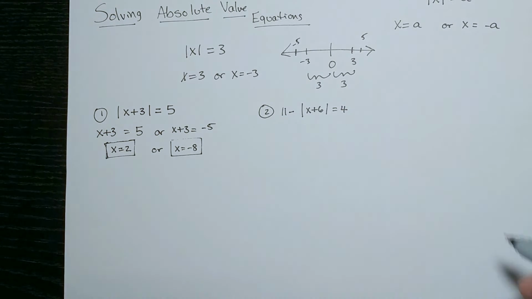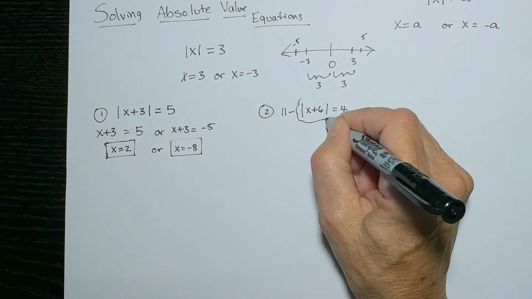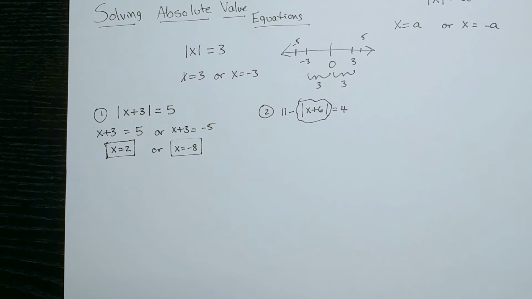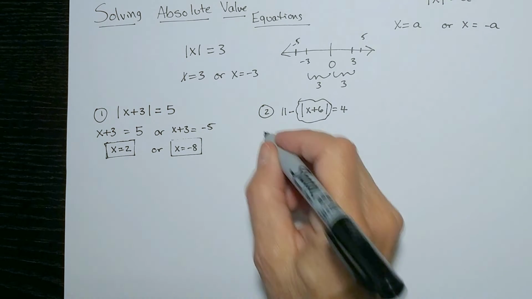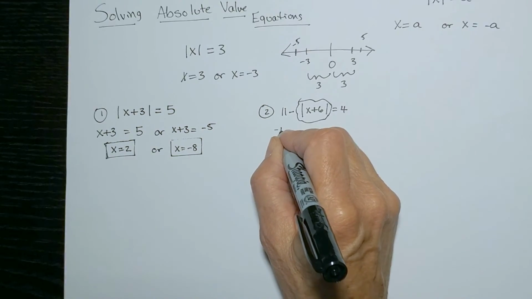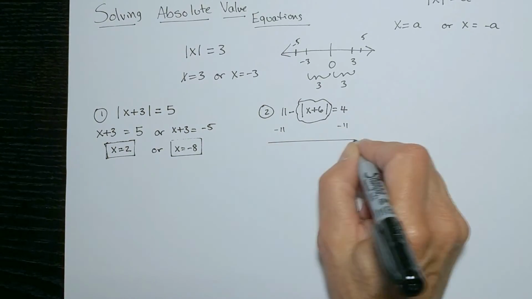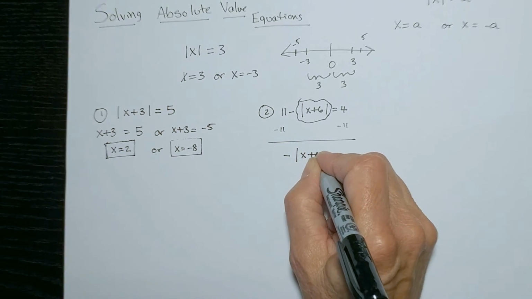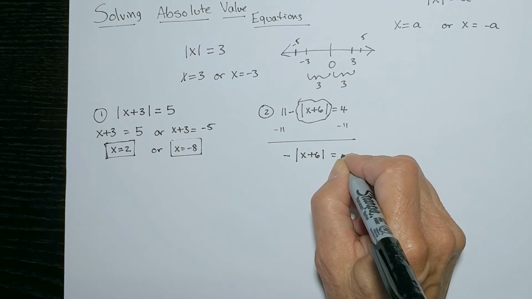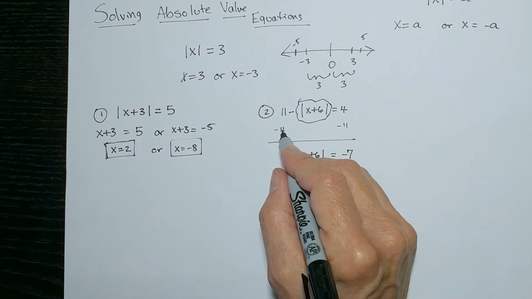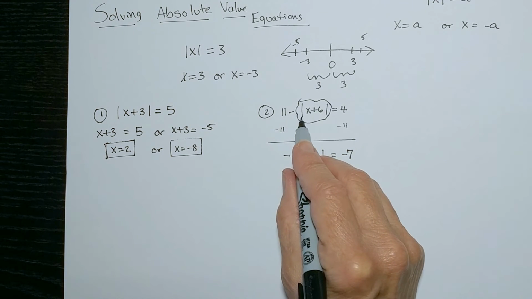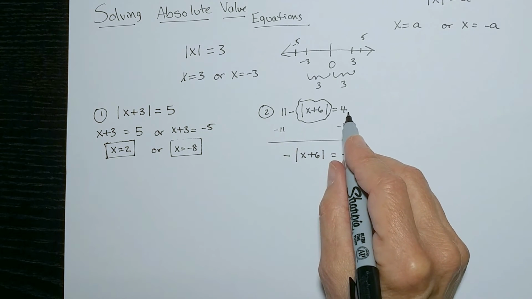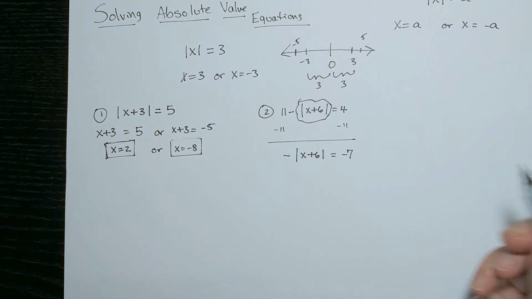So we have to first get the absolute value of x plus 6 by itself. To do that, we need to subtract 11 from both sides. So we end up with negative the absolute value of x plus 6 is equal to -7. 11 minus 11 is 0, and 4 minus 11 is -7.